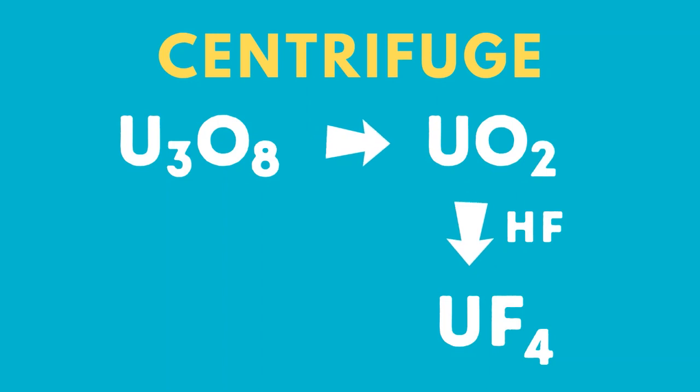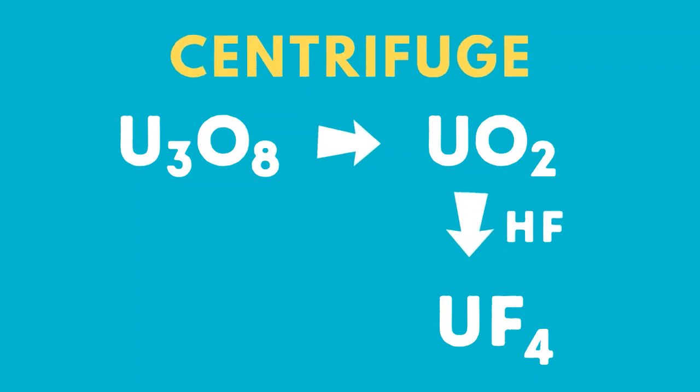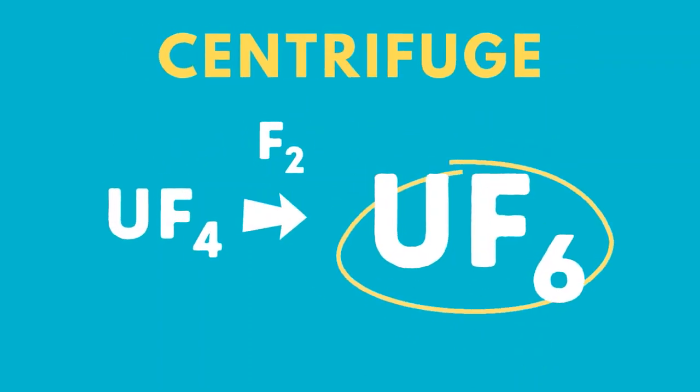We then convert this to uranium dioxide or UO2, which is then treated with hydrogen fluoride to produce UF4 or uranium tetrafluoride. This is then reacted with fluorine gas to produce the gaseous UF6 or uranium hexafluoride, which is actually the hexavalent form we made earlier, and can now be placed in the centrifuge.